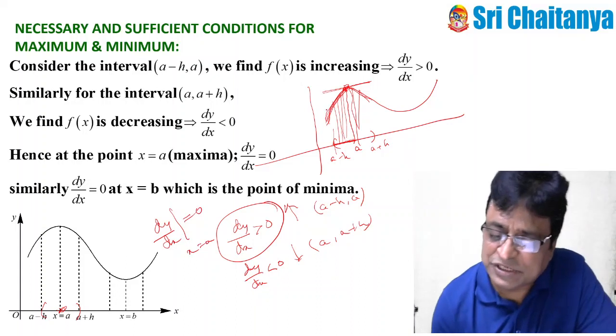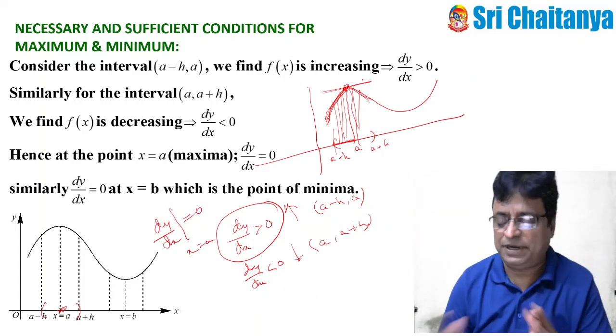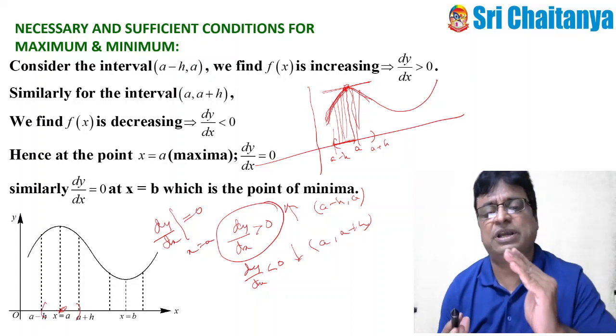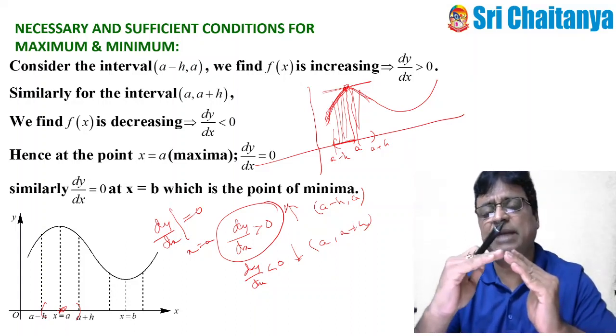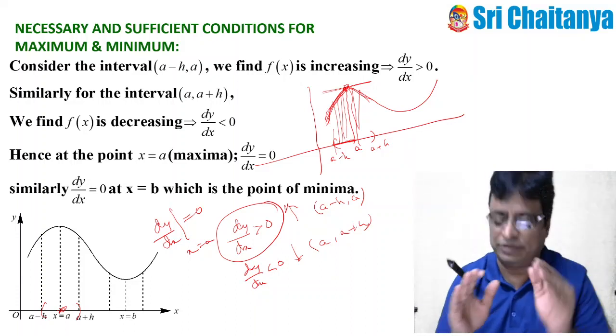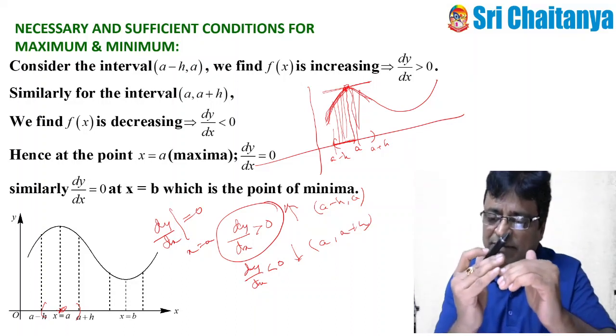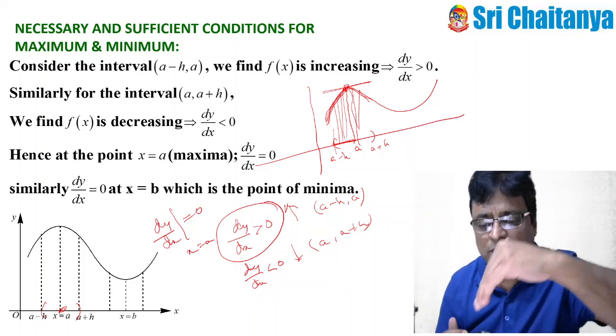Imagine, if dy by dx is greater than 0 in the neighborhood, the curve goes on increasing. And at that point, dy by dx is equal to 0, that means it sits down stably. After that, whenever dy by dx is less than 0, automatically the curve comes down.